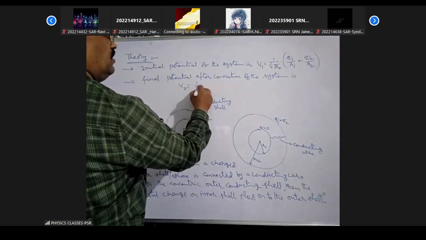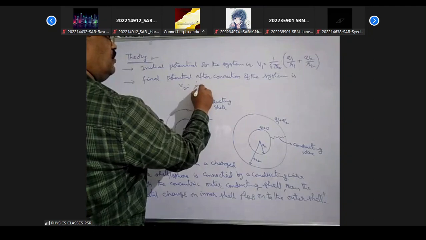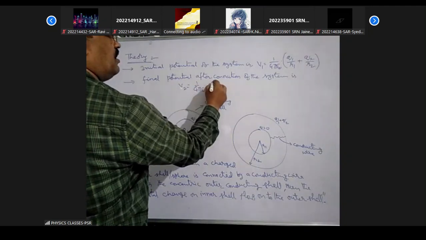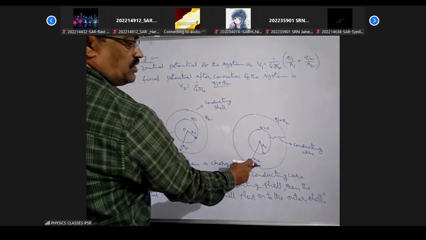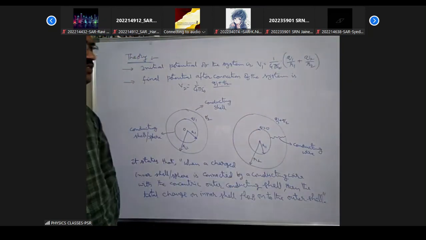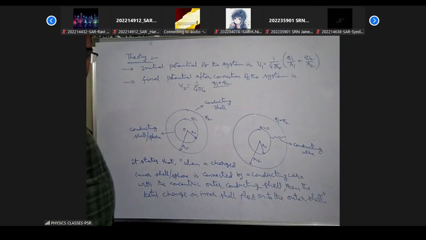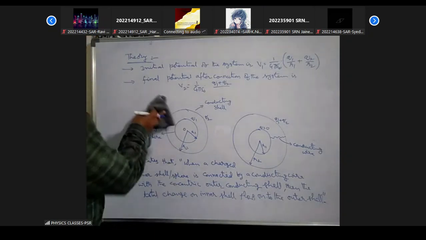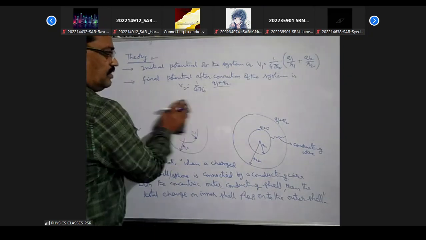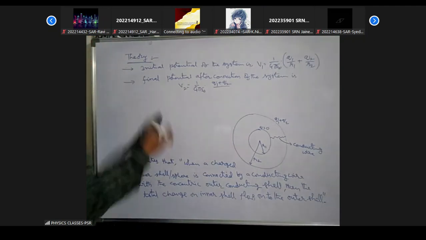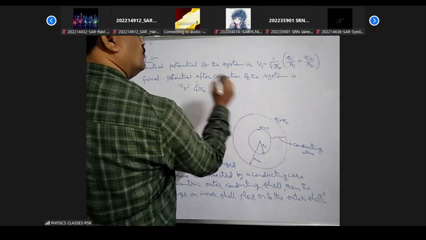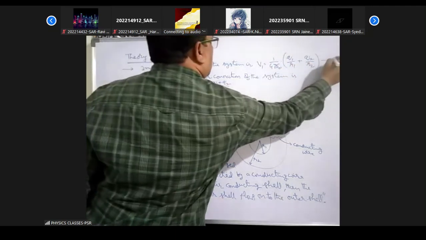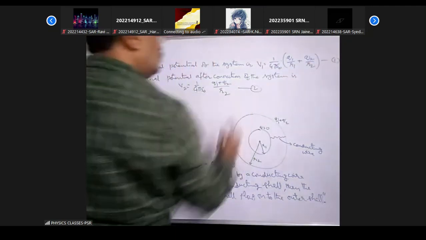That's why V2 is 1 by 4 pi epsilon naught into Q1 plus Q2 by, do we use R2 or R1? Tell me anyone? R2, sir. R2, right, very good. There is no charge on R1, that's why we use R2. This is equation number 1, this is equation number 2.